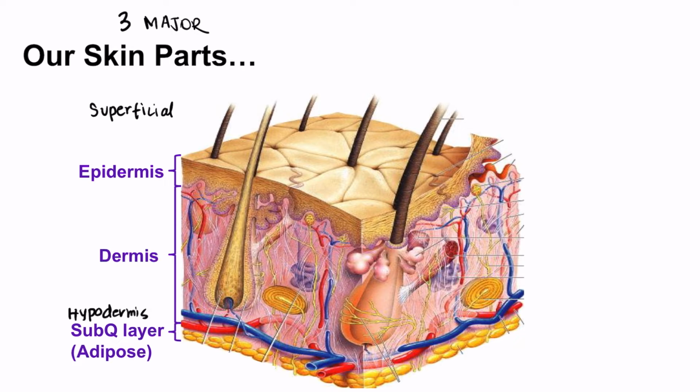And so we're going to talk about each of these layers. We're going to talk about the cells that we find in the epidermis, and then maybe some components of the dermis.